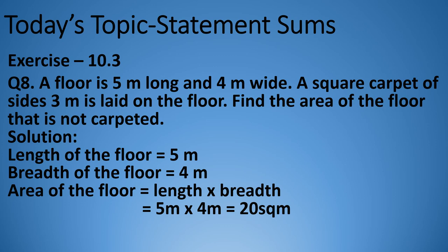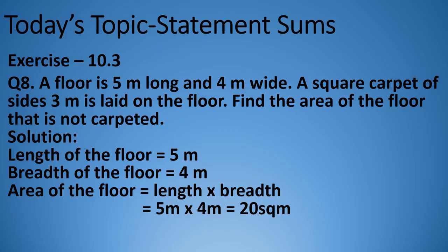Means from the area of the floor you will take out the area of the carpet. Now again look at your floor. From the complete floor, if we take out the portion which is carpeted, what is the left one? Left one is the non-carpeted floor. This same we will do in this question. See the solution now.